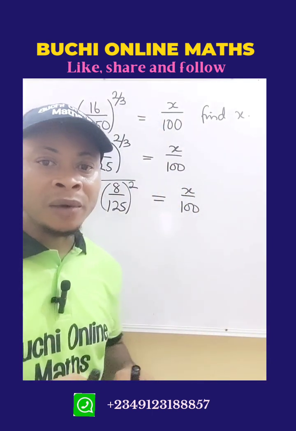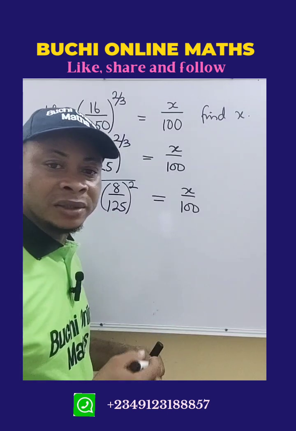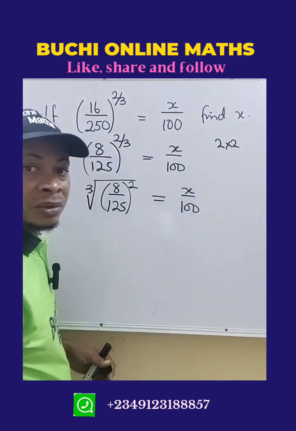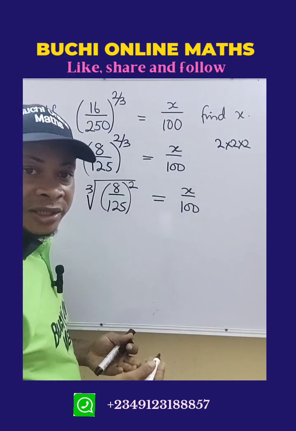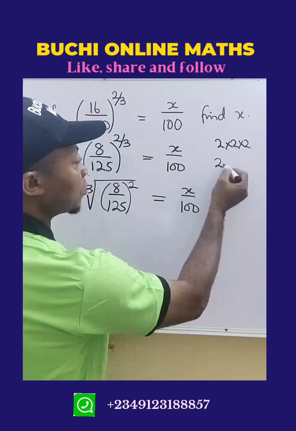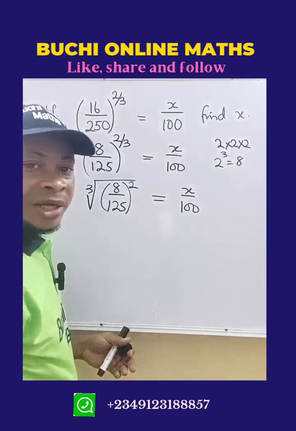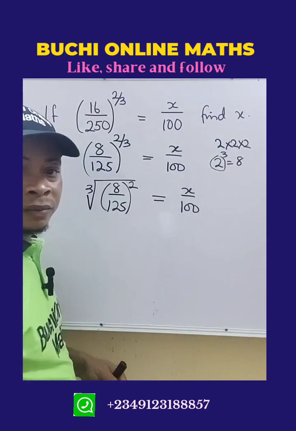Okay, that number will be the cube root of 8 and 125. Let's try 2. 2 multiplied by 2 is 4. 4 multiplied by another 2 will give us 8. That means 2 raised to power 3 will give us 8. Therefore, the cube root of 8 is 2.